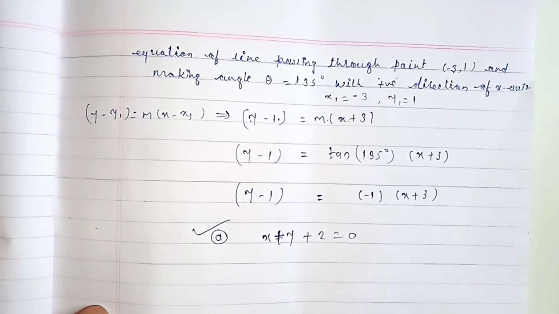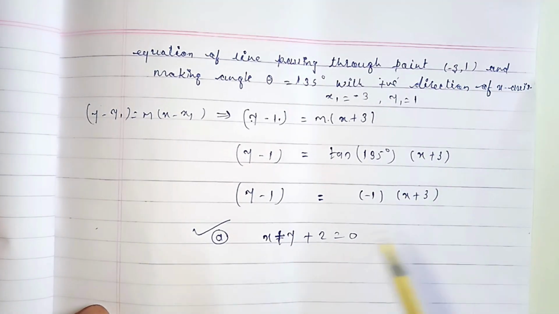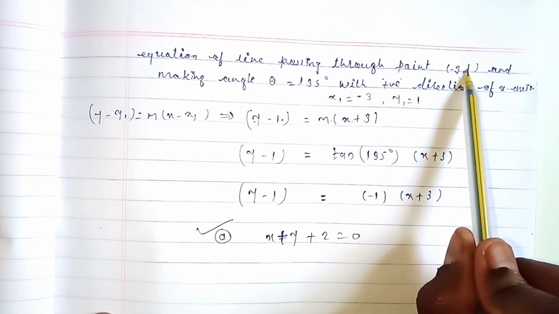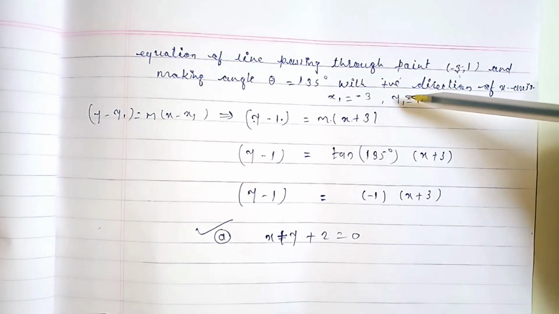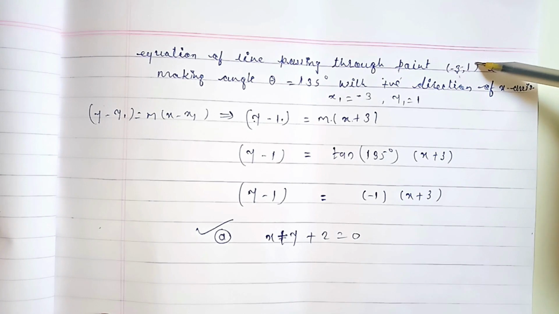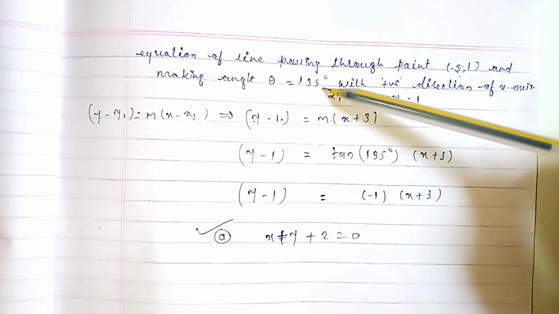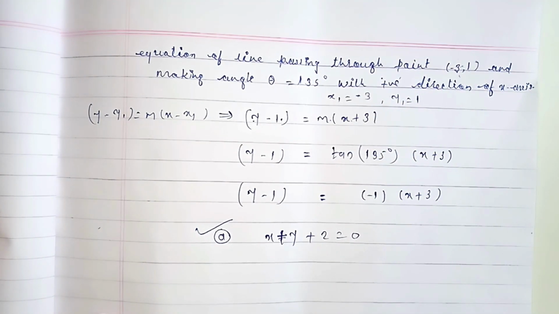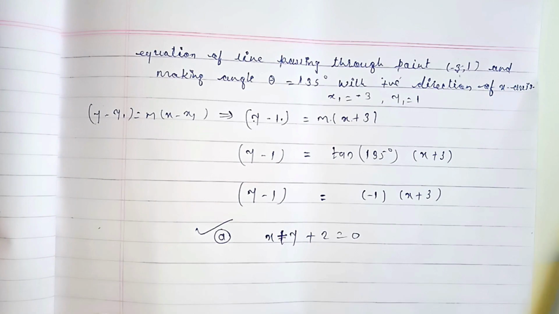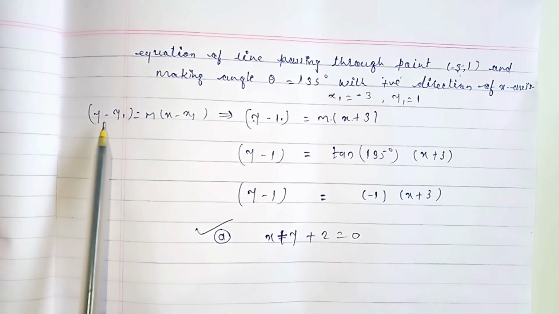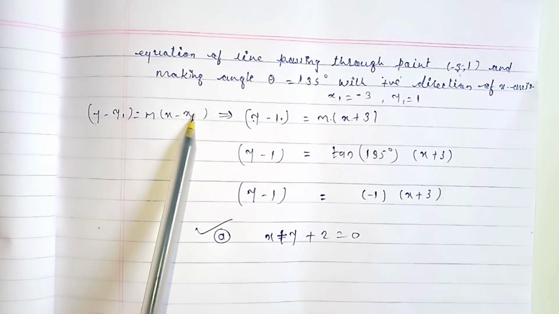Here we have the point (-3, 1), so x1 is negative 3 and y1 is 1, and theta is given as 135. We know that the slope m is equal to tan theta. Now for finding the equation of a line we use y minus y1 equals m into x minus x1.